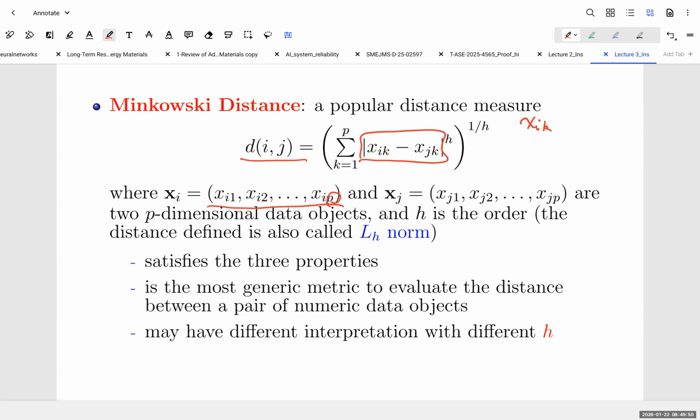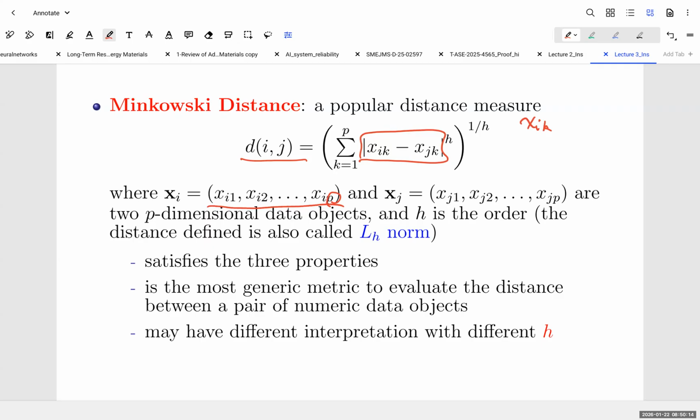Okay, and so first, this Minkowski distance satisfies the three properties. It is the most generic metric to evaluate the distance between a pair of two numerical data objects. But it may have different interpretation with different h, right?